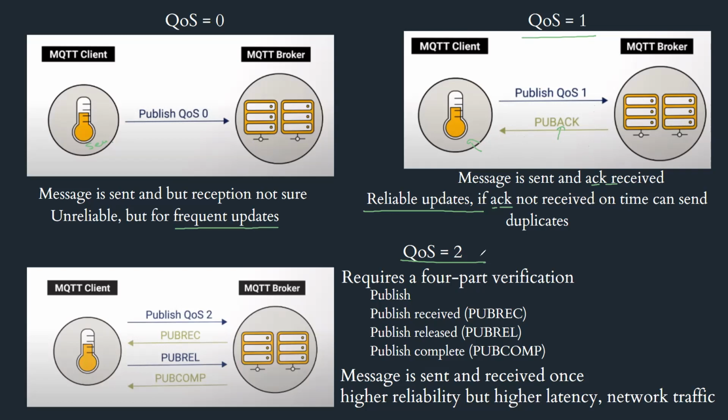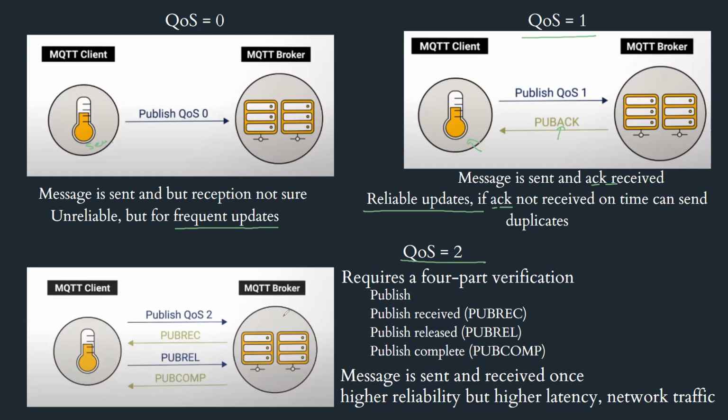defines the quality of service to have 4-part verification. Here we are talking about very important data communication. If the sensor-based embedded system sends some data, that data must be received by the MQTT broker, and it will only be sent once and received once.